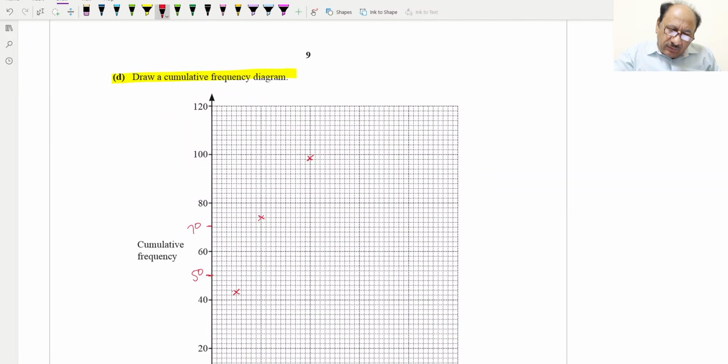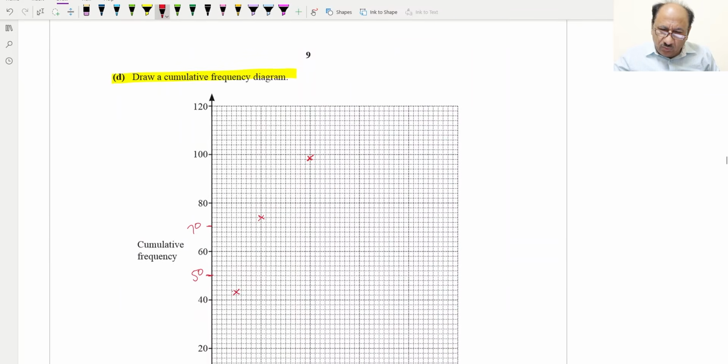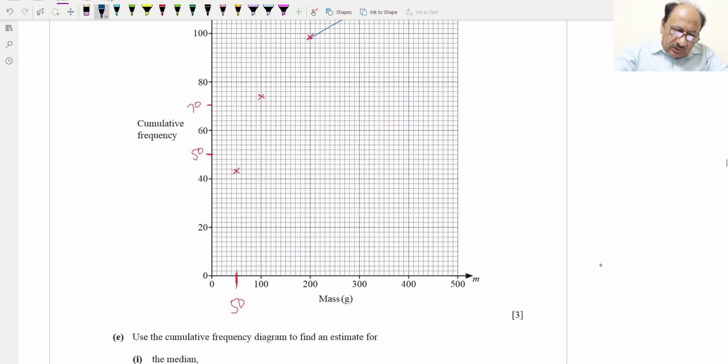99 is roughly over here, and then 500 is 120. 500, 120 will be this one. Now we have to draw a smoother curve. For the smoother curve, we can draw like this, and on this side also we have to draw a smoother curve.